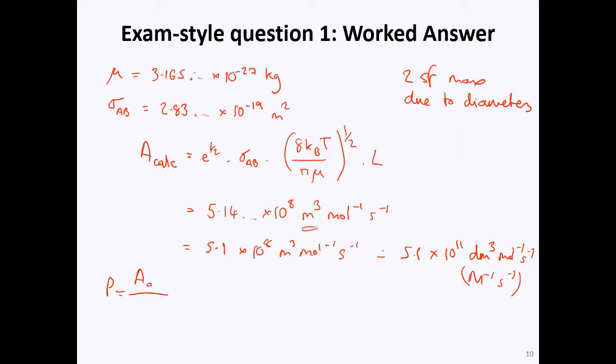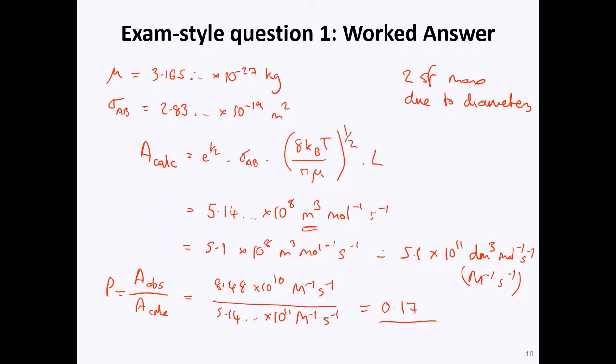A observed divided by A calc, and that is equal to, from the question, 8.48 times 10 to the 10 per molar per second divided by 5.14 ... times 10 to the 11 per molar per second, and that is equal to 0.17.